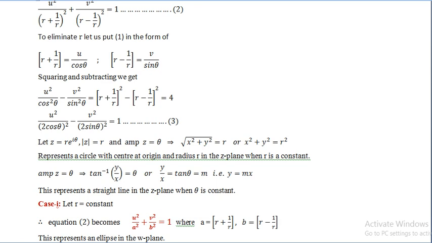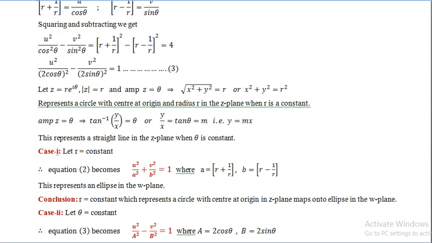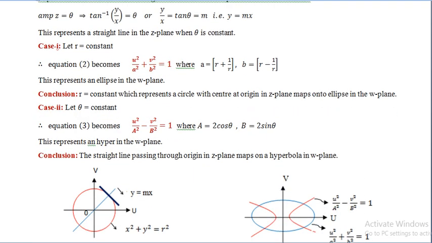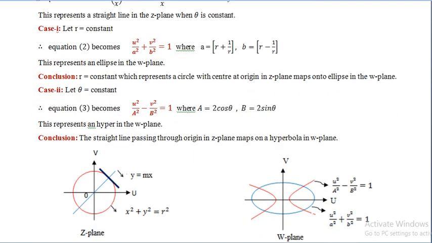So y by x equals m, or y equals mx, which represents the equation of a straight line in the z plane when theta is constant, and here also the straight line passes through the origin. Now again we use two cases: when r is constant and when theta is constant.